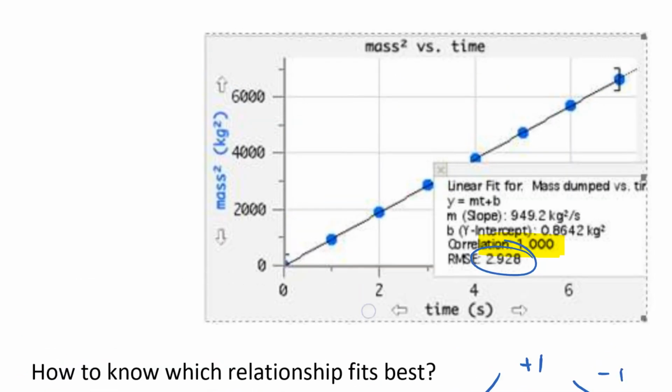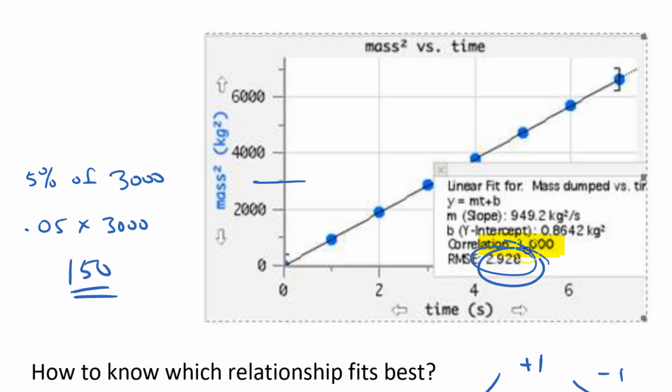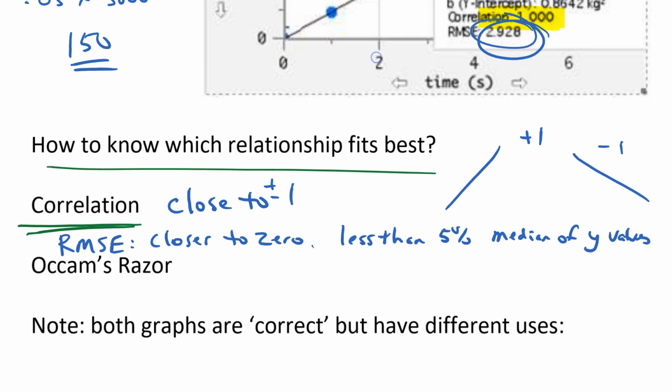What's the midpoint of the y values? About 3,000. So 5% of 3,000 is the same thing as 0.05 times 3,000, which is, I think, 150. And the RMSE is definitely less than 150. It's like 2.928. So that's a pretty low value.